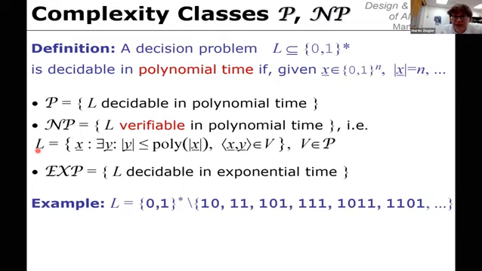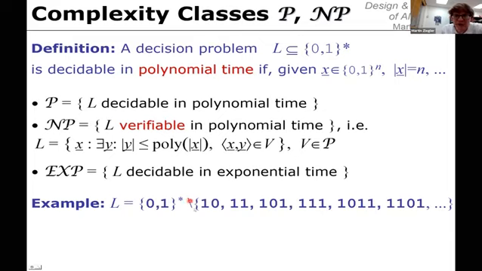So here's the first example. This is the set of all complements of binary encodings of prime numbers. Let me say that again. What you see here on the right are binary encodings of prime numbers: the binary encoding of 2, of 3, of 5, 7, that's 11, that's 13, and so on.